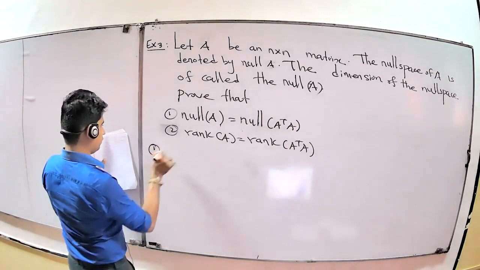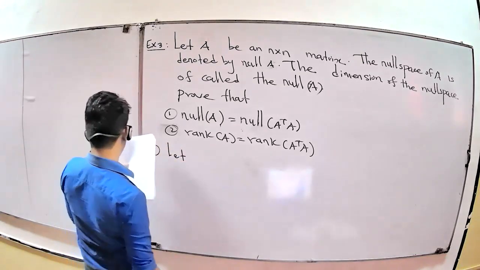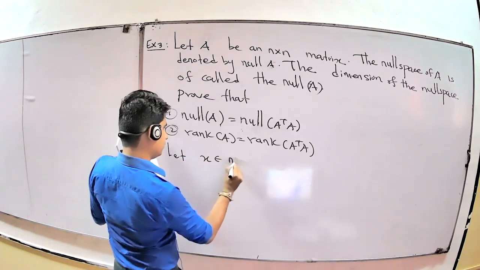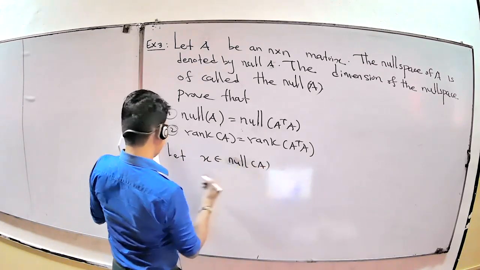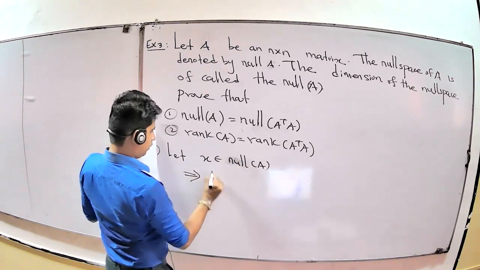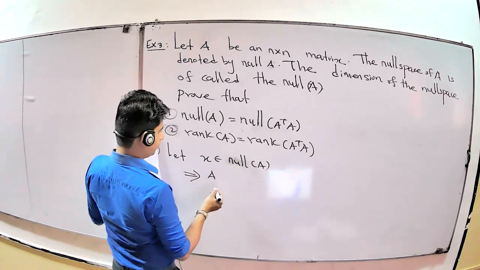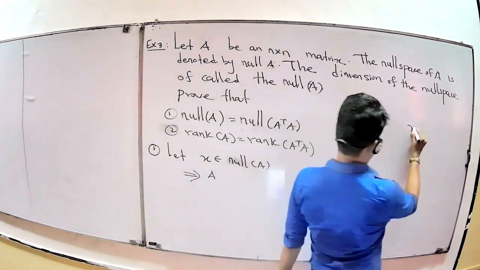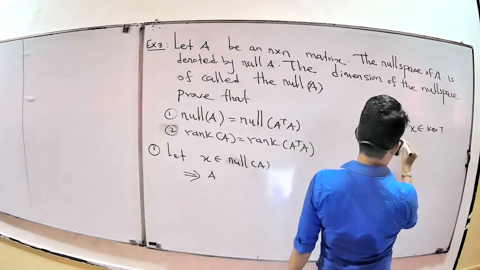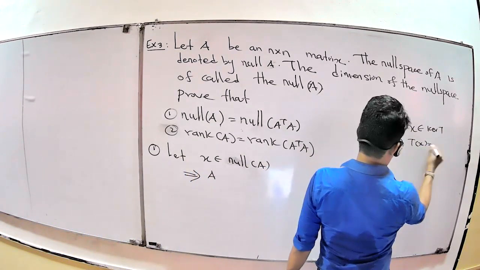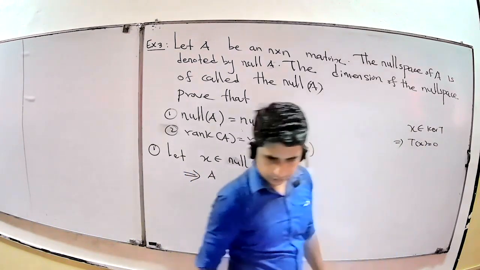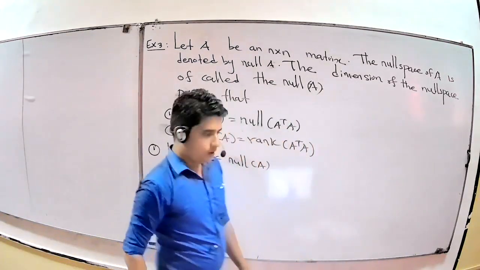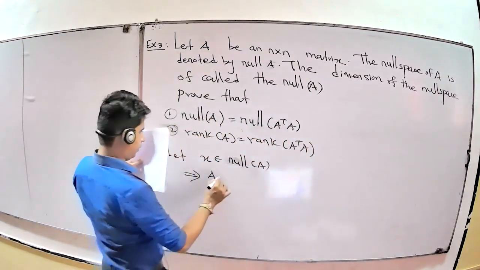First part, let us take one element x in the null space of A. Then Ax equals 0. Null space of A means kernel of A. Suppose x belongs to the kernel of T, then T of x is 0. Therefore, Ax equals 0.